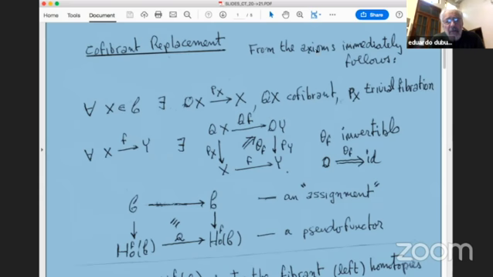From the axioms, immediately follows, we have almost no work to do, that for each object X and each arrow F of C, we have a cofibrant object Qx, together with a trivial fibration from Qx into X, and for each F, we have Q defined on F, okay?